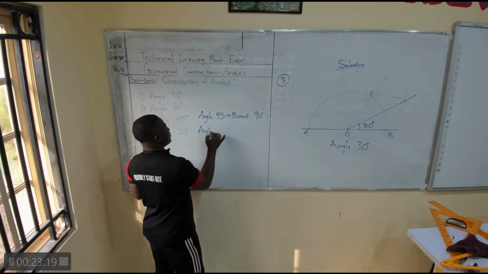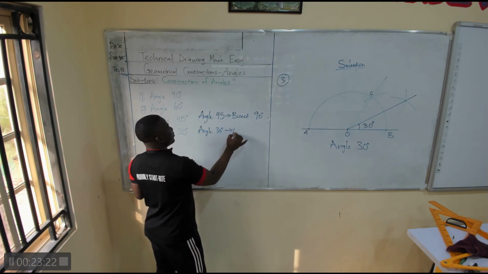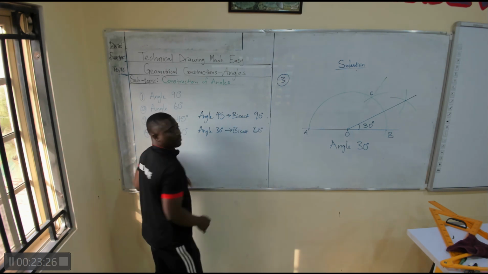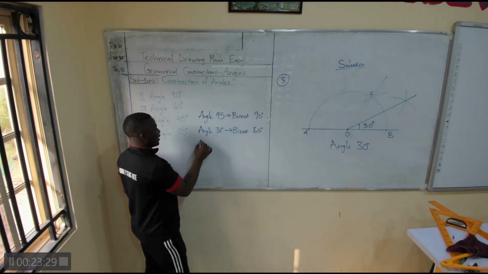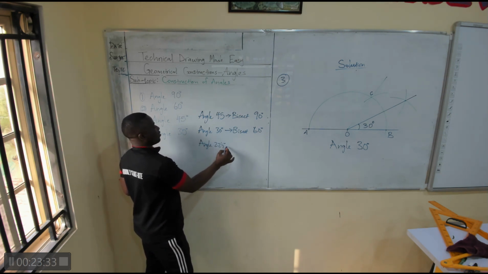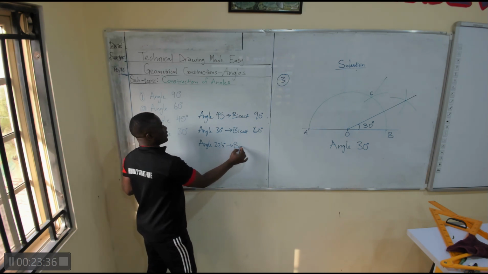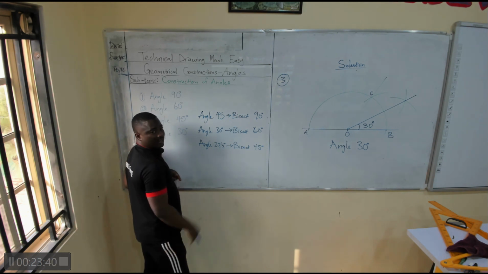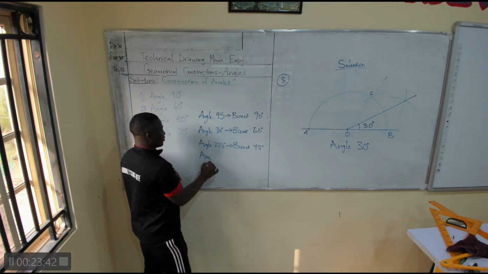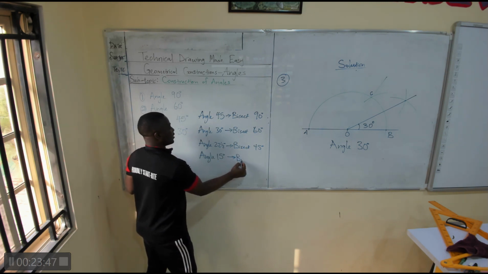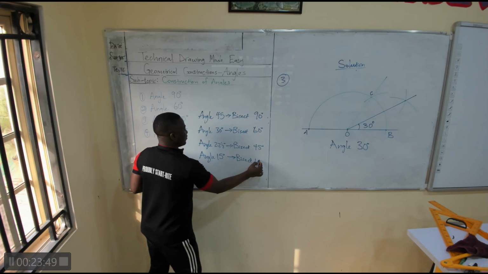To get angle 30 degrees, we bisect 60 degrees. Can you see that? What if I want to get angle 22 and a half? What will I do? I will bisect 45 degrees. What will I do when I want to get angle 15 degrees? I will bisect 30 degrees.